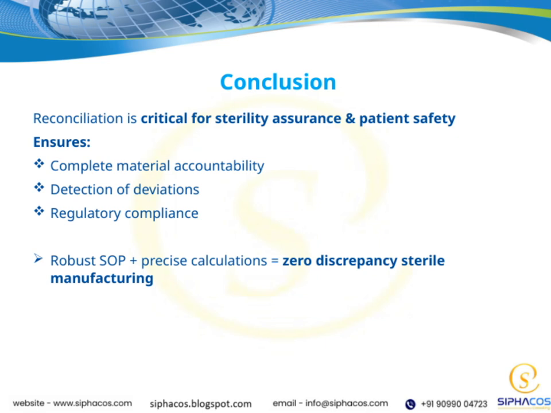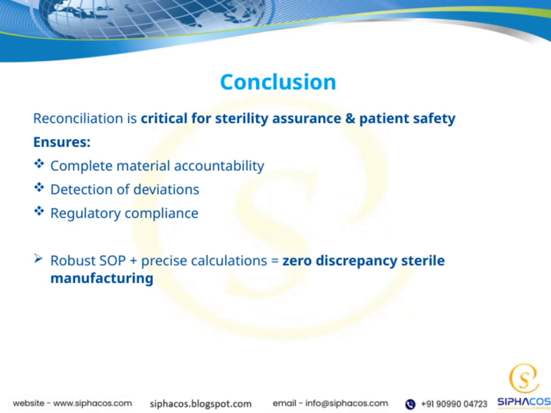It also helps us detect any deviations early on, which is essential for preventing potential contamination or errors. Plus, adherence to proper reconciliation supports regulatory compliance, ensuring we meet industry standards and avoid penalties or setbacks.